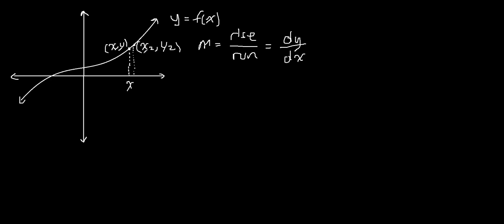let's call that change in x, so dx, right? So you might have also seen the slope of a function in the form y2 minus y1 over x2 minus x1, which is just your change in x. Now if you want the slope for this particular point, if you take a point that's really far away from it, you won't get the slope at this point.